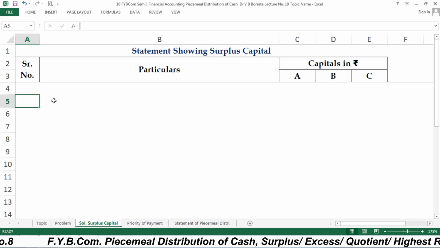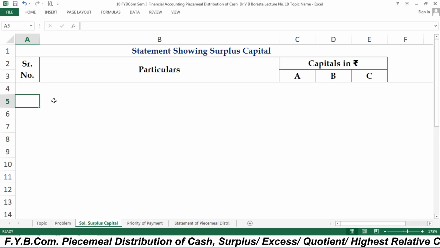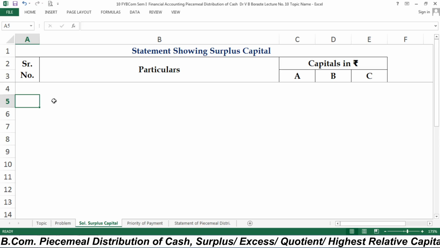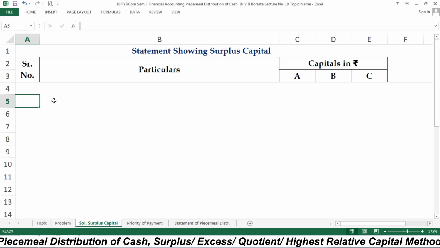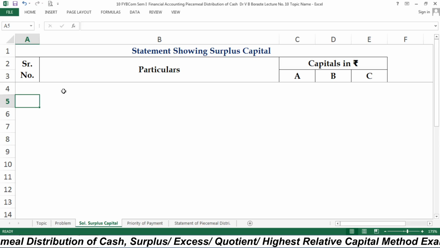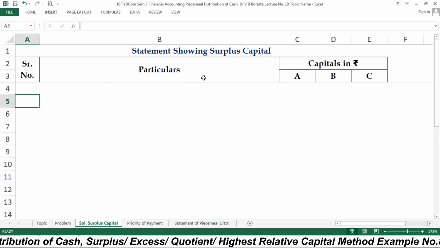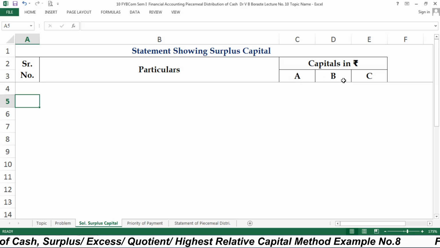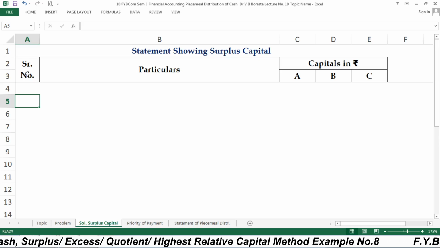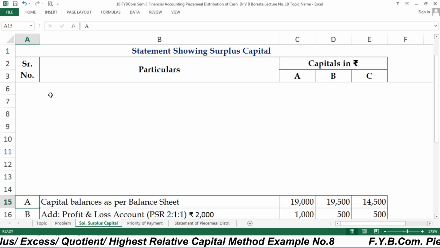In the surplus capital method, we have to prepare a statement of surplus capital where there are 5 columns. You have to draw serial number, particulars, and capital in rupees, that is A, B and C. So 3 columns for partners, 1 column for particulars and 1 column for serial number. The particulars column should be bigger in size compared to the partners' capital and serial number columns. So the first step is to put the balances from the balance sheet.